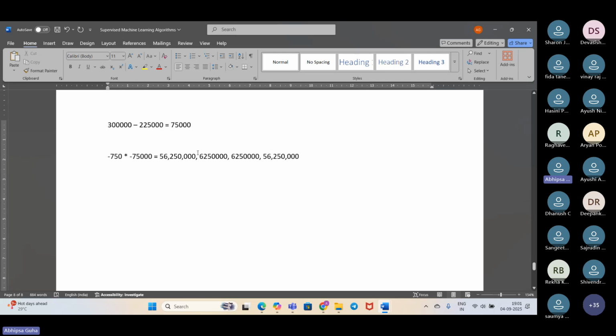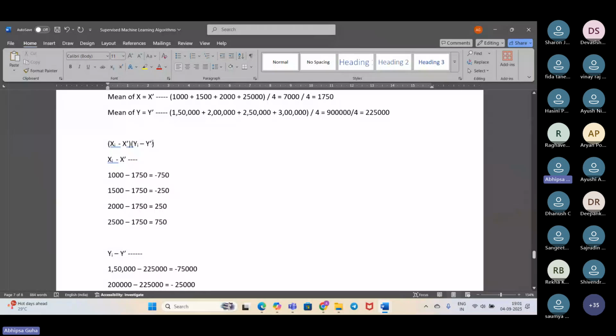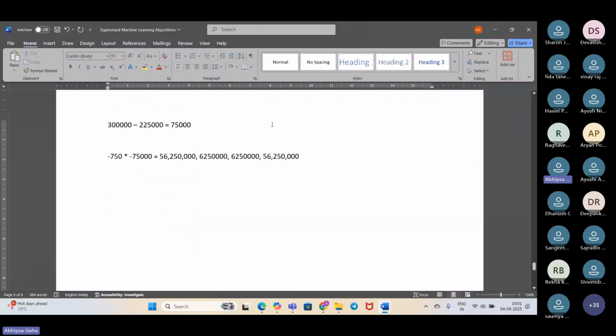So these are the values of xi minus x bar, and this value we are getting is xi minus x bar into yi minus y bar. So we are multiplying this separately, and we have got these values separately. So now we need to sum it off.